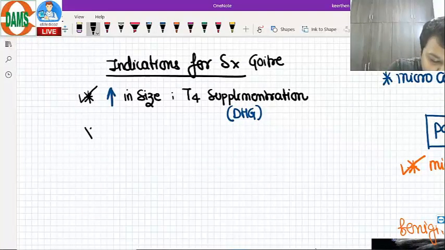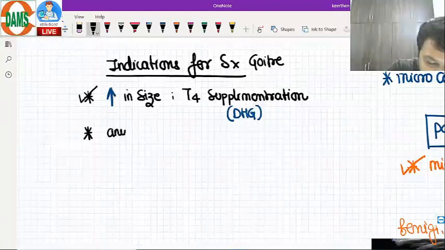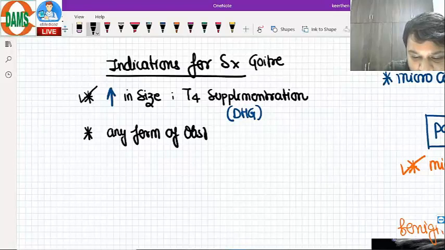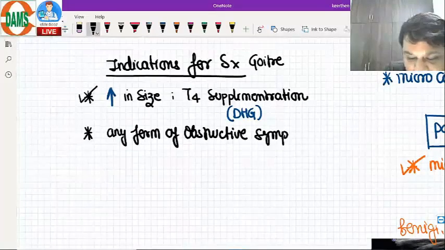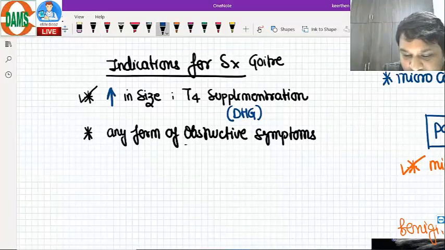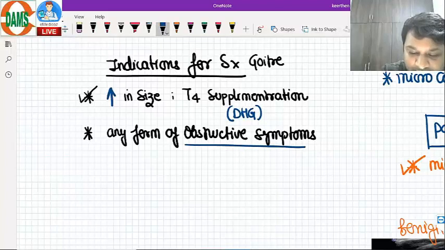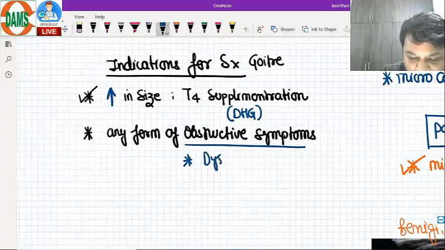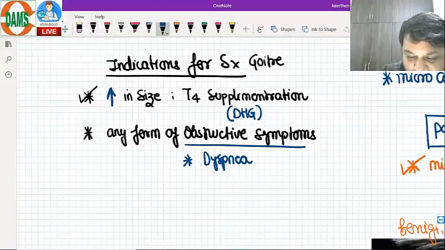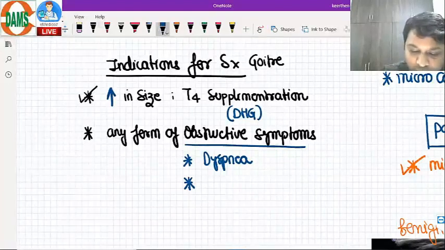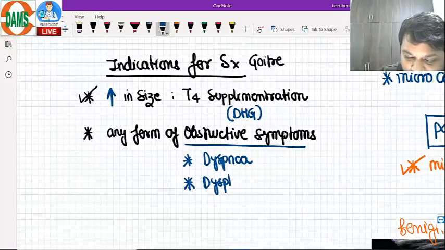Following that, if the patient has any form of obstructive symptoms. Now, when I talk about obstructive symptoms, I mean the following things. Number one, as the gland enlarges, it is going to push the trachea, so the patient is going to have dyspnea. That compression will be transmitted onto the esophagus, which is going to result in dysphagia.